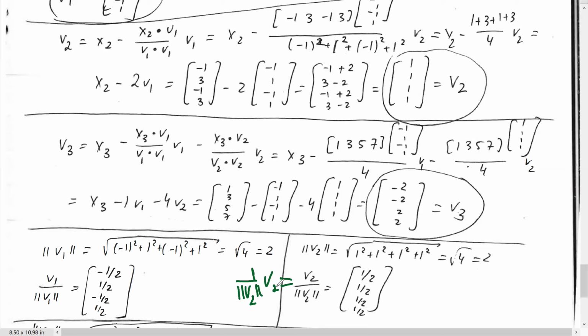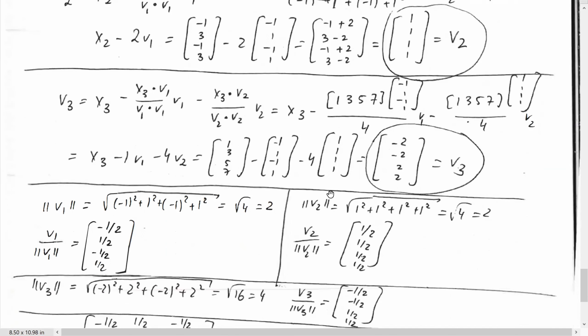So you multiply each coordinate by 1/2. Okay, and then we're doing exactly the same for vector V3. We've calculated the norm or the length, which is square root of 16, which is 4. So we divide each and every entry by 4. So minus 2/4 is negative 1/2. Minus 2/4 is negative 1/2, and so on.